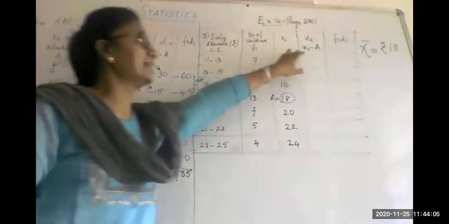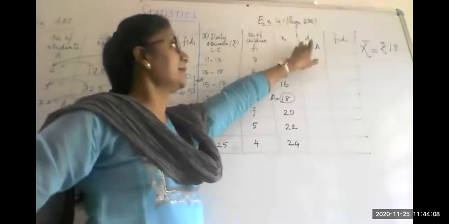Now you can start finding the di values. It is xi minus a.